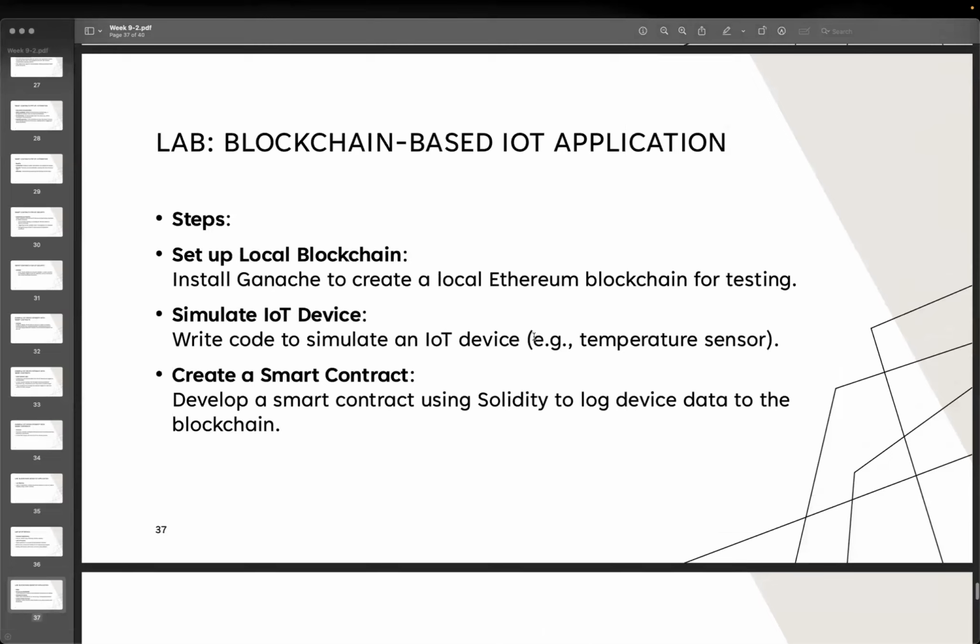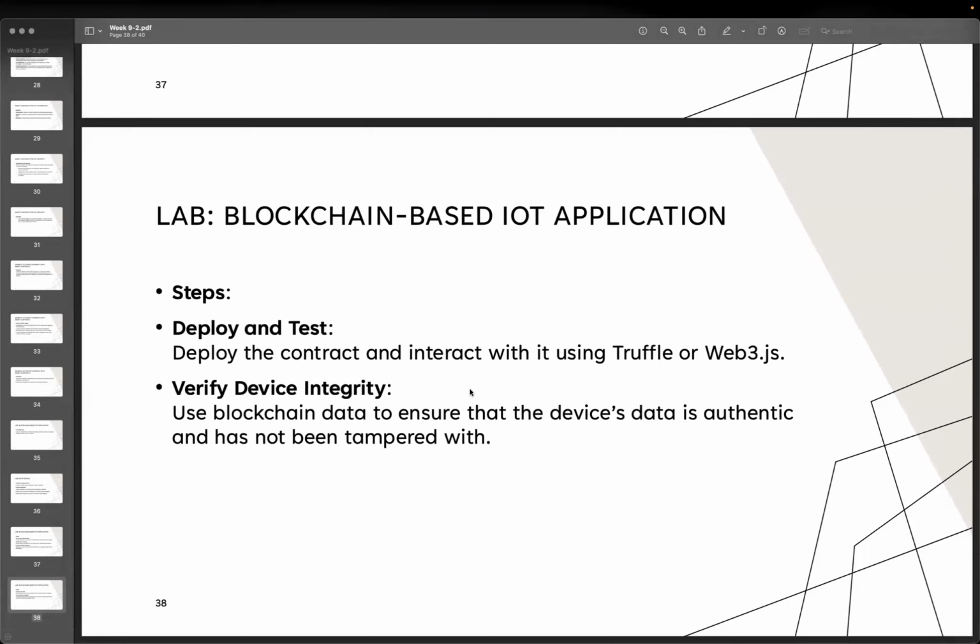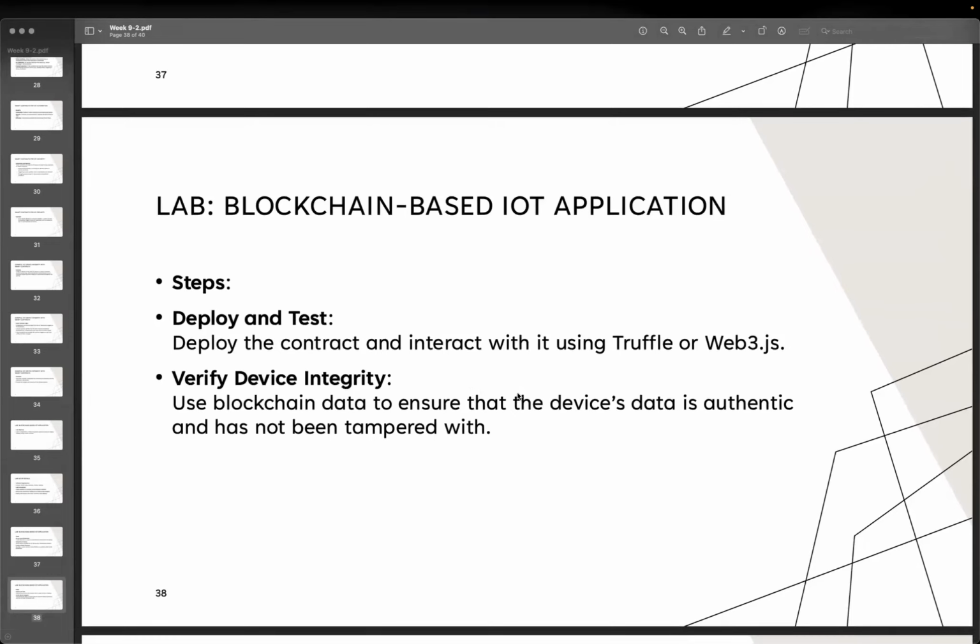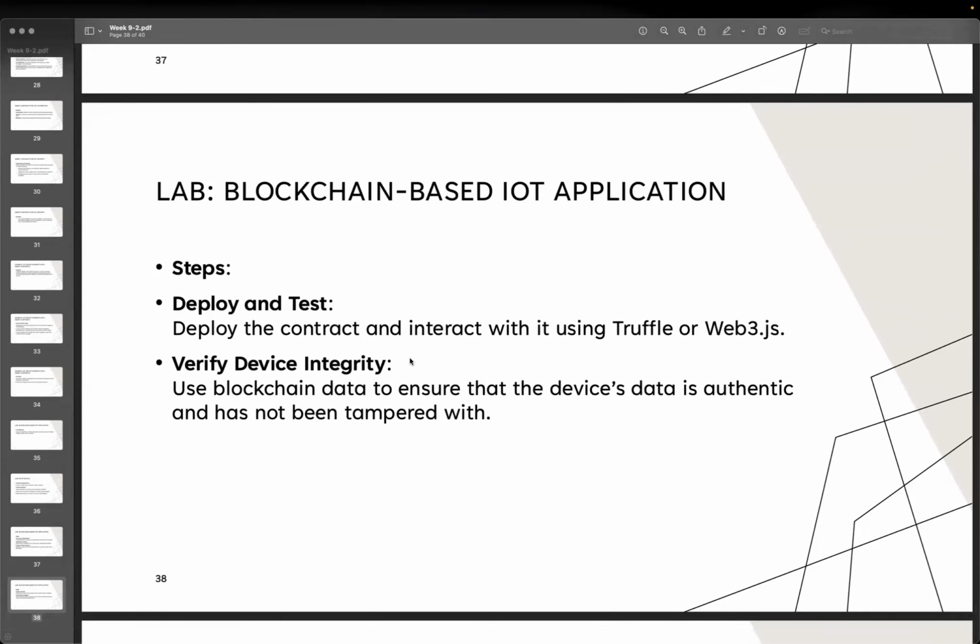So here are just some quick, simple instructions: you can install it and then write some code, for example if you receive a temperature sensor reading, and then create the smart contract. I'll give you more details if we have time, and then we can try to implement this part using blockchain for your final project.